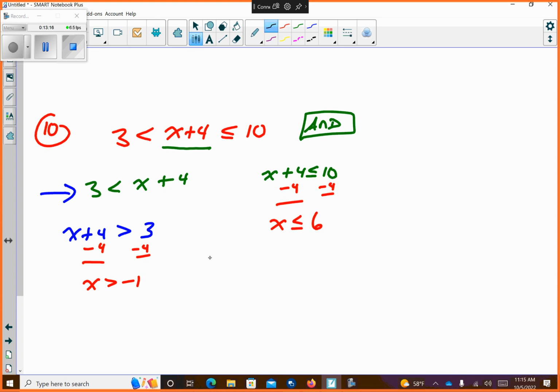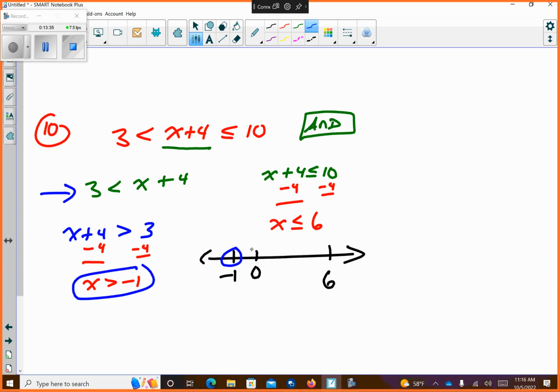And then solve this one. Subtract 4. X is less than or equal to 6. And again, I'm going to use a number line, not because it asked us to, but because this guy needs it. All right, open or closed dot at the -1? Open. Right or left? Sweet. Open or closed dot at the 6?